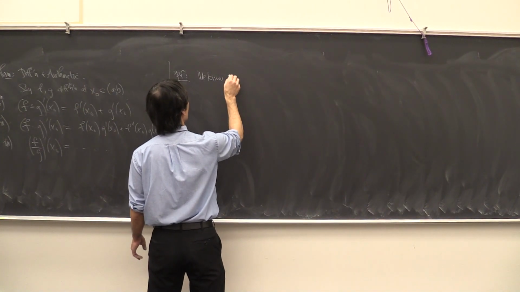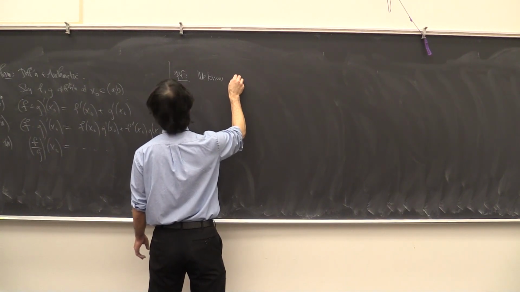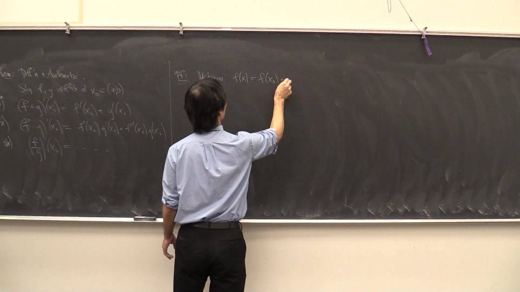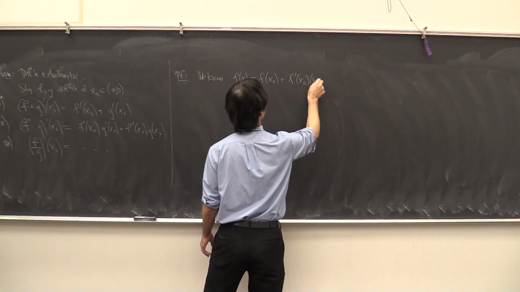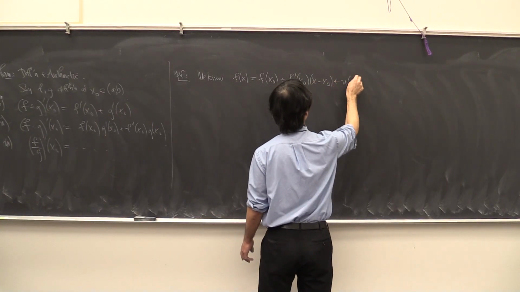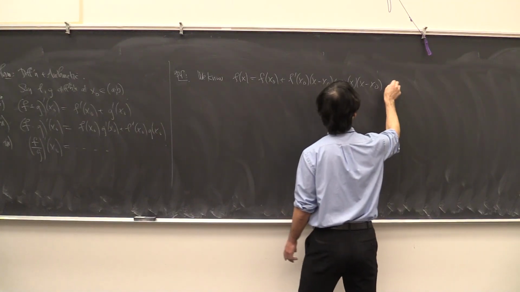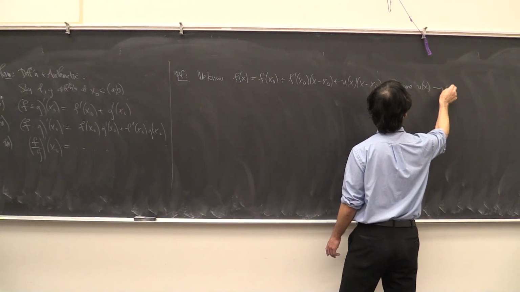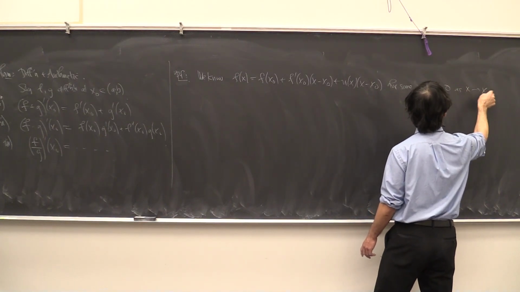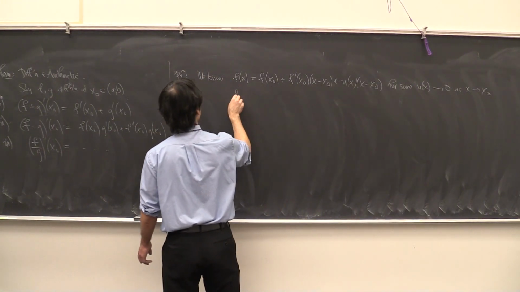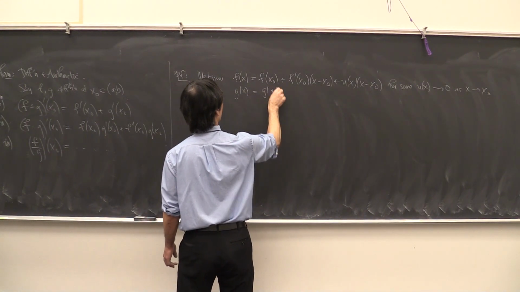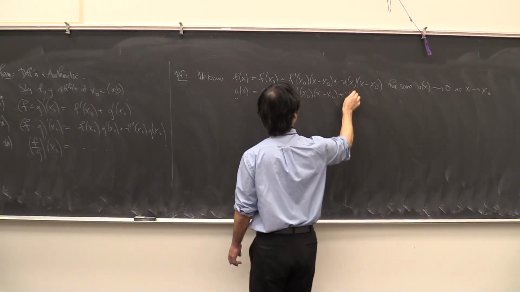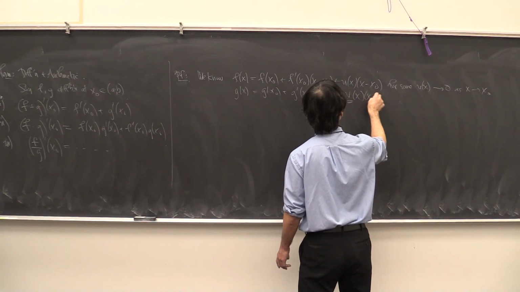So in other words, we know that we can write f of x as f of x naught plus f prime x naught times x minus x naught plus u of x times x minus x naught, for some u that goes to 0 as x goes to x naught. And we know that we can do the same thing for g, for some other function v, the error function.